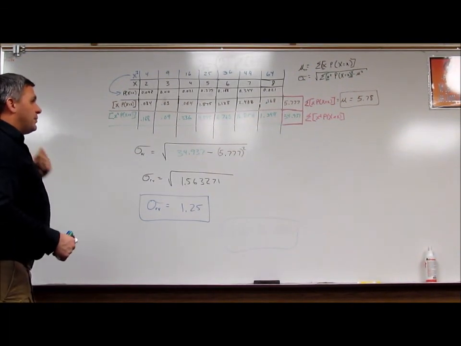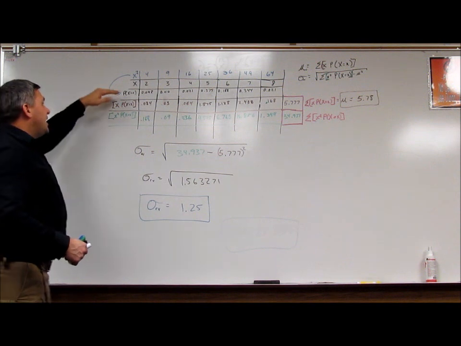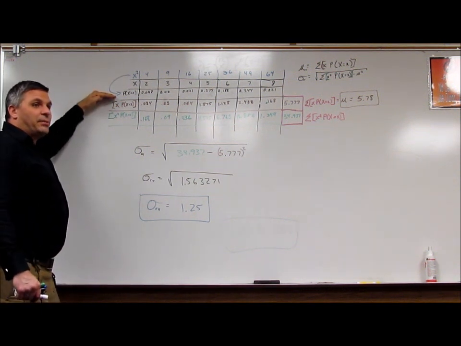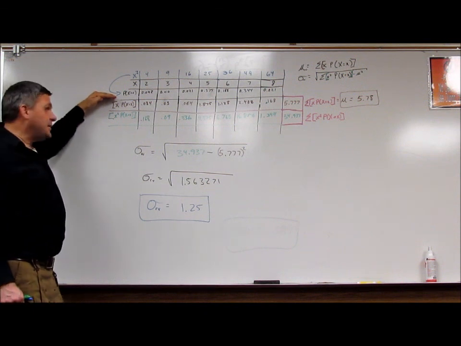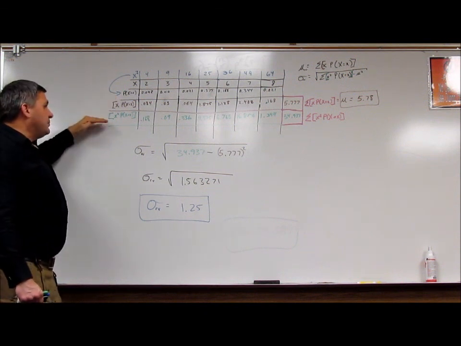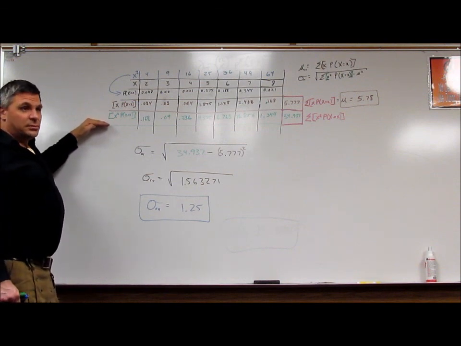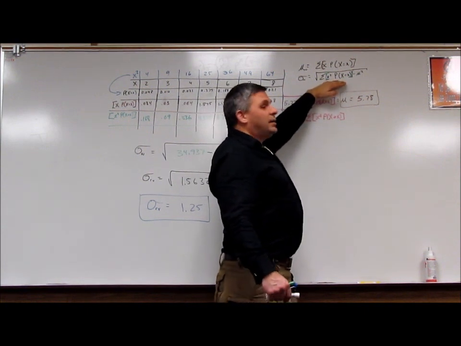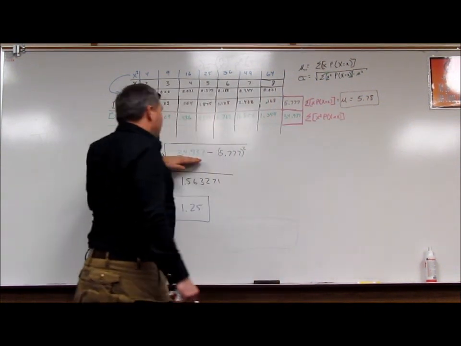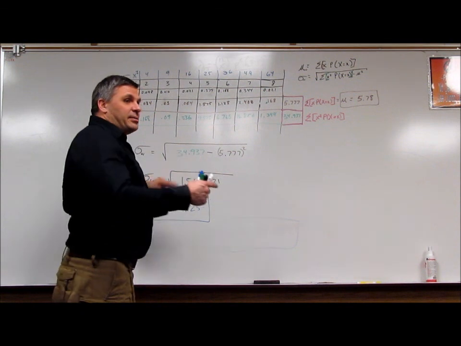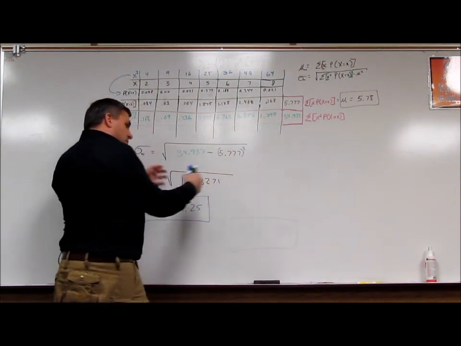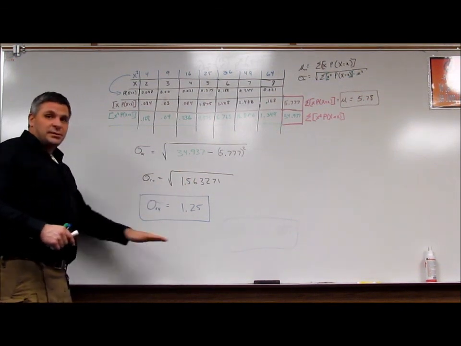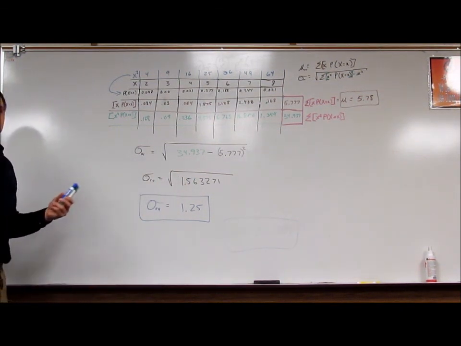For the standard deviation, you take these x's, square them, multiply by the random variable probability, and that gives you this line. Then you add all these up, and that gives you the sum that goes inside here, and you subtract the mu squared, and then you take the square root. Don't forget the square root, and bam, you'll end up with your answer.